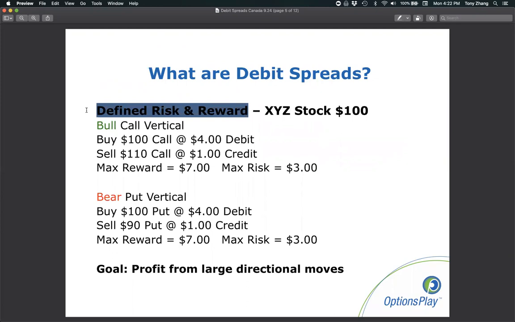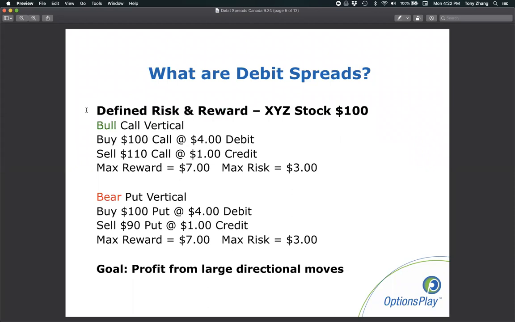This is really important for the emotional aspect or psychology of trading, because a lot of times we plan for something and if it doesn't go as planned, sometimes our emotions get the better of us and we deviate away from our plan. Versus with debit spreads, you know exactly what the possible outcomes are, which makes it a little easier for you to plan and actually execute on your plan because you're already mentally prepared for the best case scenario and worst case scenario.